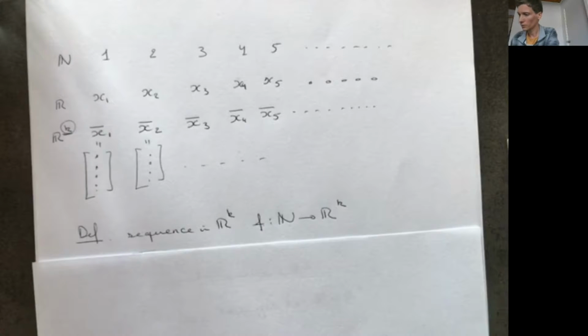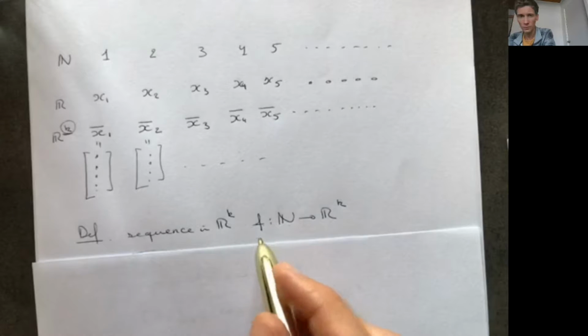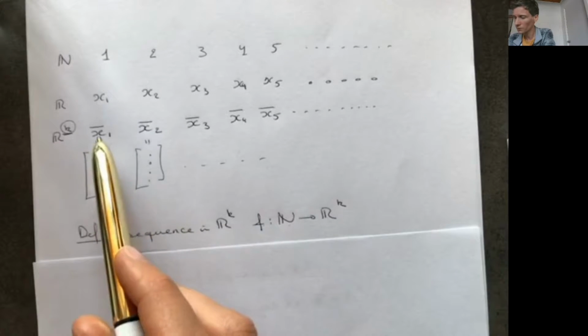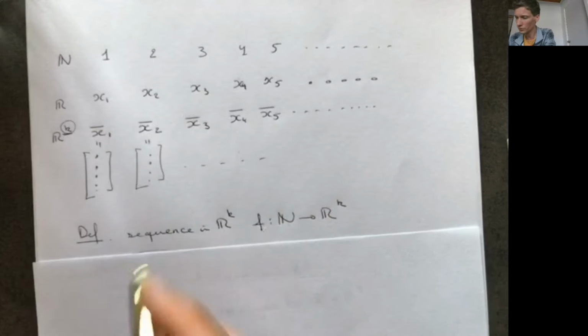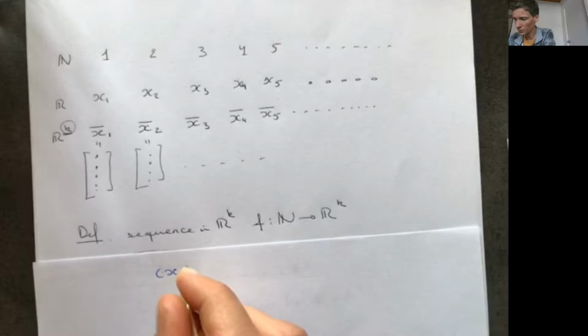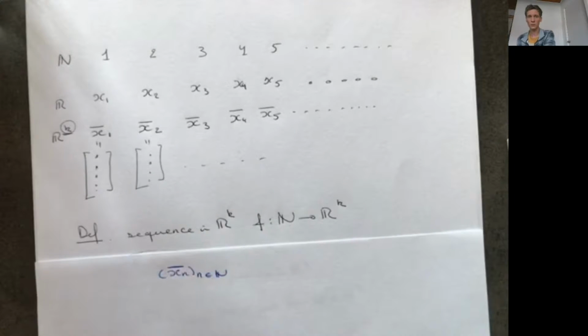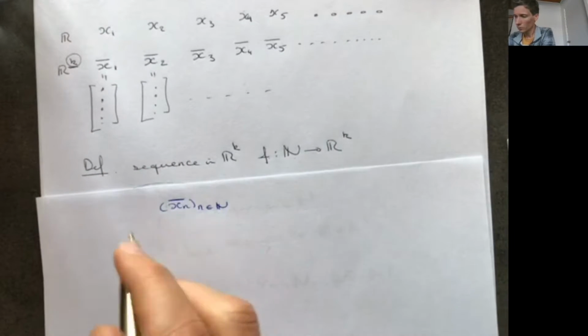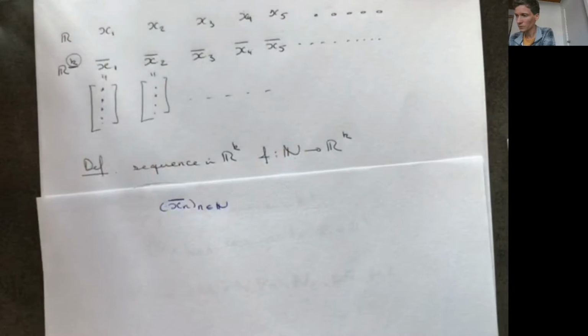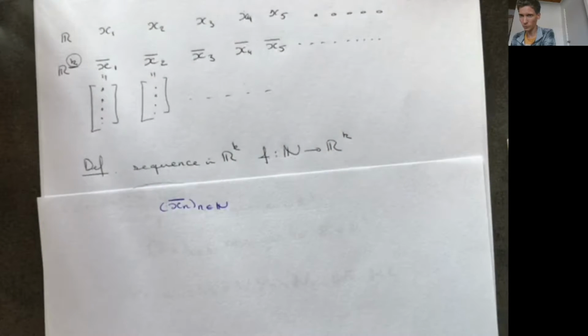Okay, so now we have defined this sequence, and similar to before, for sequences of numbers we used the notation x_n, n in N. Well, we will do something similar for sequences of vectors. We will use this notation for a sequence of vectors. Okay. So we also had the notion of a sequence of numbers converging to a number.